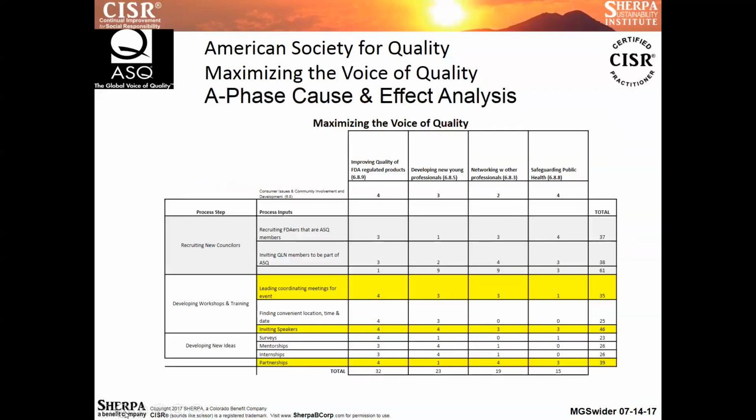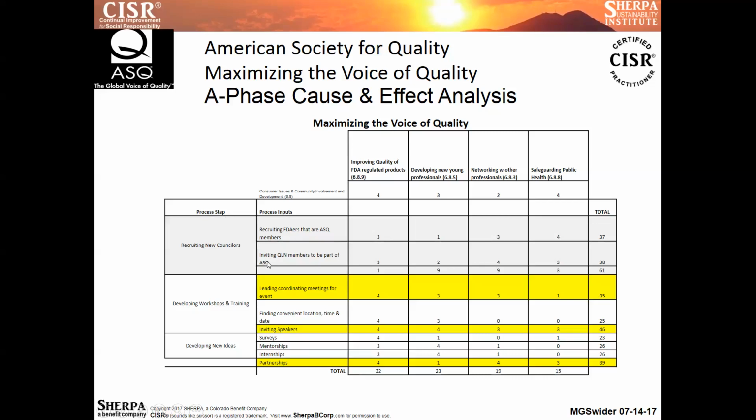The first one is cause and effect. It is kind of self-explanatory by the title: what cause and what effect you will get from different inputs. For example, in this case, we were trying to recruit new counselors. That was the process step. The process inputs in order to accomplish that step were recruiting FDAers to be ASQ members and inviting QLN, which was Quality Leadership Network members, to be a part of ASQ.